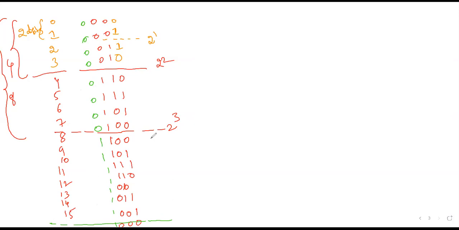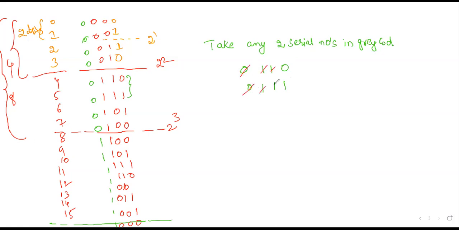The important point you need to remember is: take any two serial numbers in gray code. The distance between these two numbers, distance meaning the difference in the bits. 0, 0 is same, 1, 1 is same, 0, 0 is same, 1, 1 is same, 1, 1 is same.